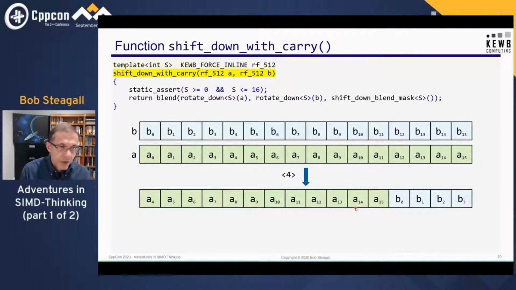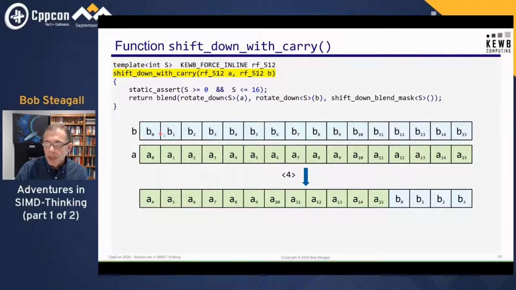Now, another important function built on permutations is one that's very useful in the median filter and the convolution, which I call shift down and shift up with carry. And this operates on a combination of registers, A and B. I think of them as being low and high. So what happens is I rotate down A, I rotate down B, and then I blend them together.